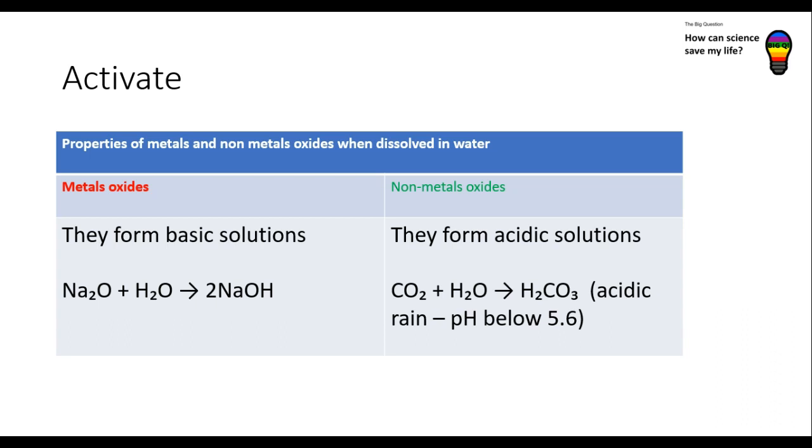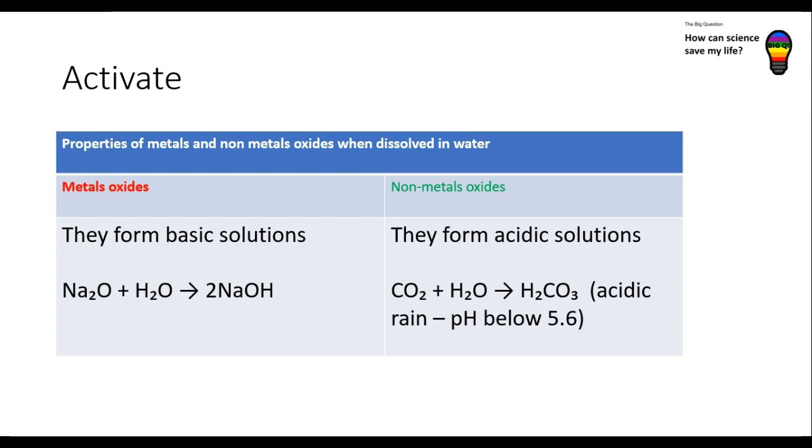So metal oxides and non-metal oxides differ in the way they react with water. Metal oxides tend to form basic solutions. Like, for example, you have sodium oxide reacting with water, and then you have sodium hydroxide.